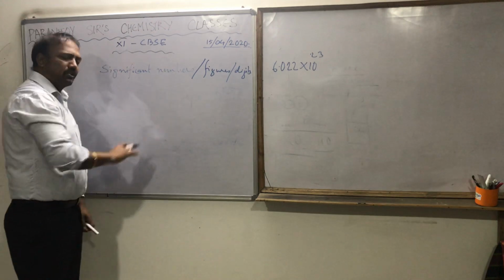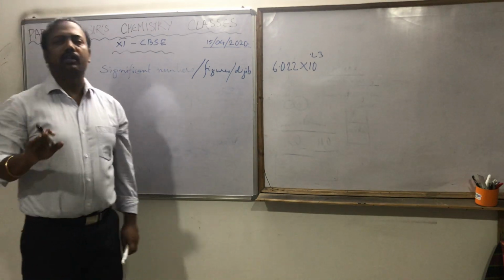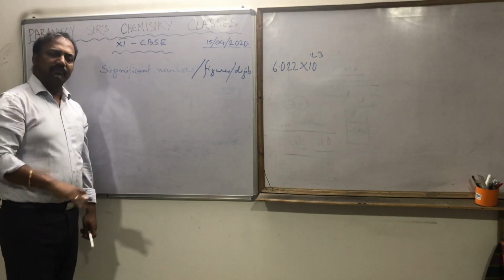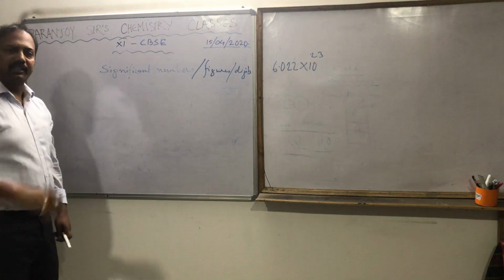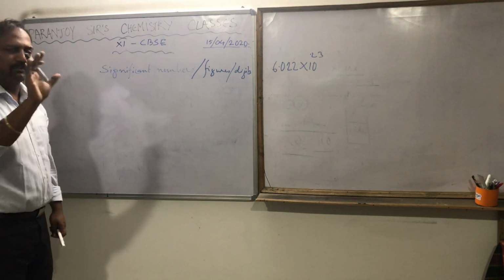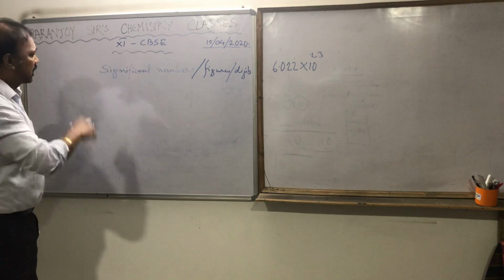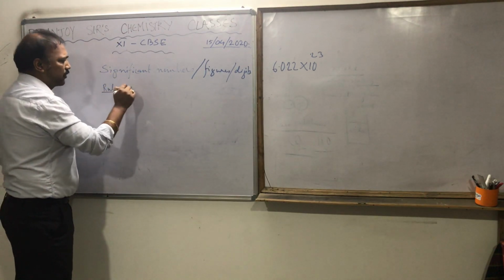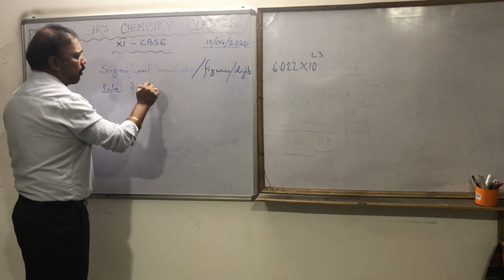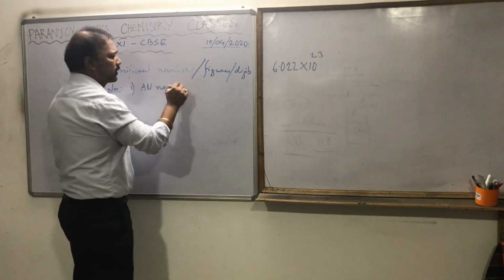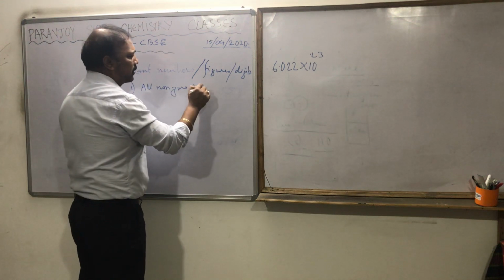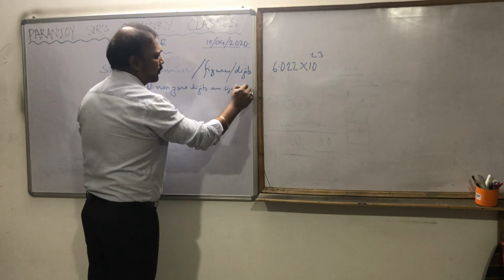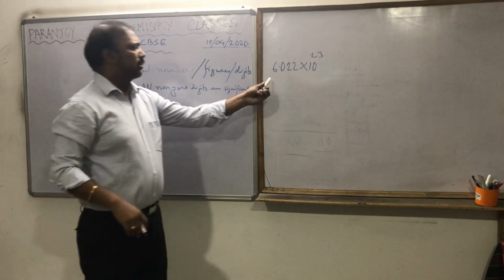Let us learn these rules, then for any number given to you, you can easily say how many significant digits are present in it. The first rule: all non-zero digits are significant.